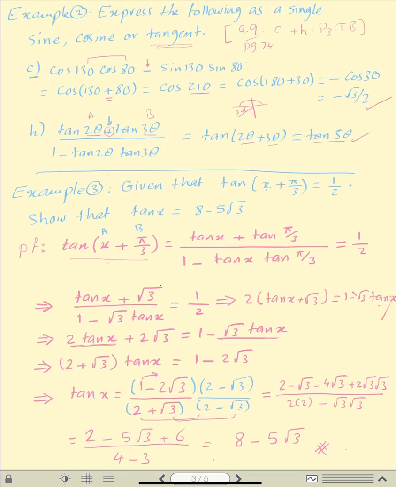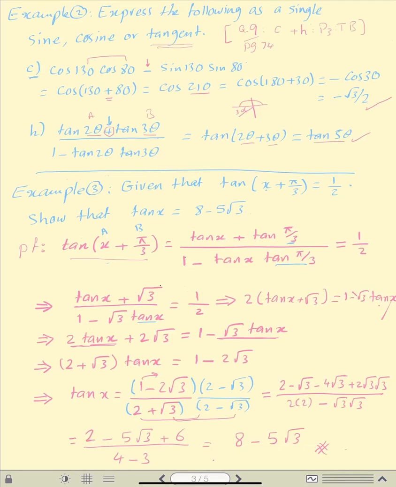So here, if you use the calculator, yes, we need to show the steps step by step. But tan pi over 3 is radical 3 in here and in here. So you will get tan x plus radical 3 over 1 minus radical 3 times tan x equals half.